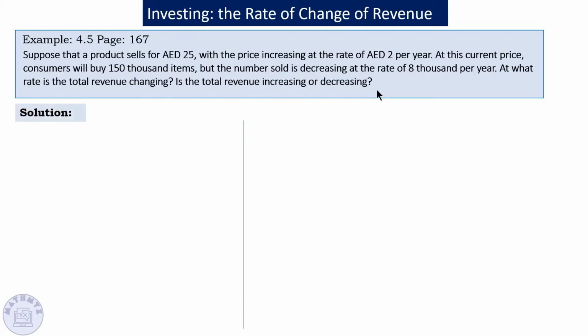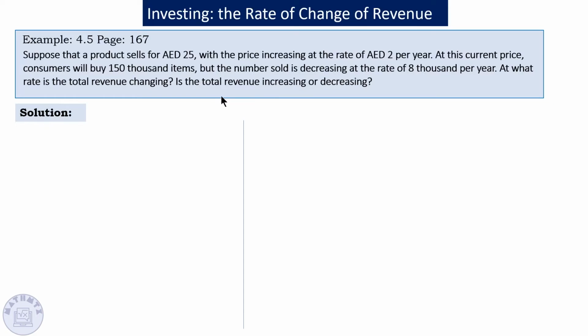All right, so in order to solve this, first you need to understand that the rate of change is the derivative. I can see that the price here is 25 and the rate of change, P prime, is 2, and also the sales, or the quantity, is 150, and the derivative of the quantity here is negative 8.